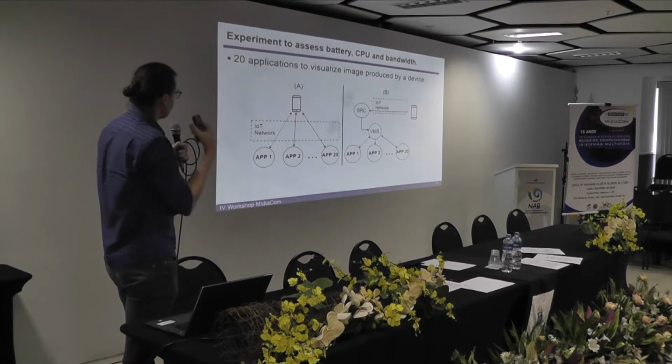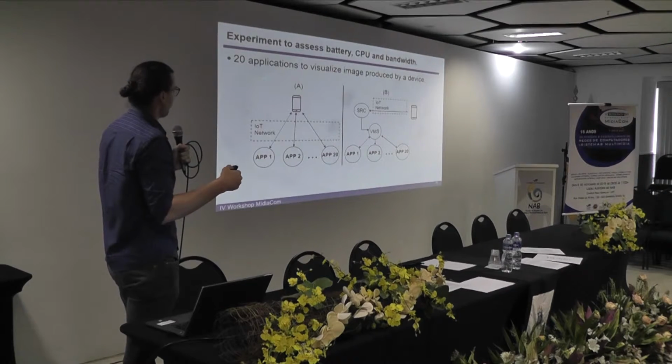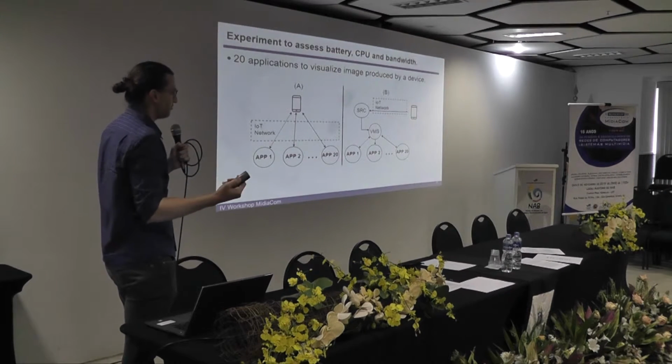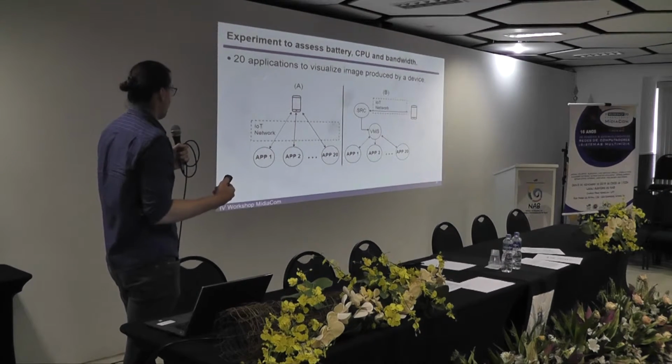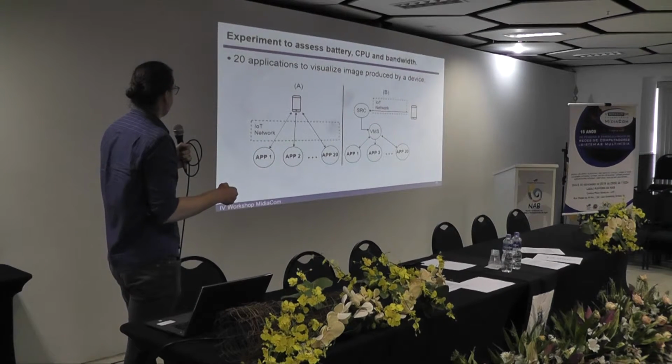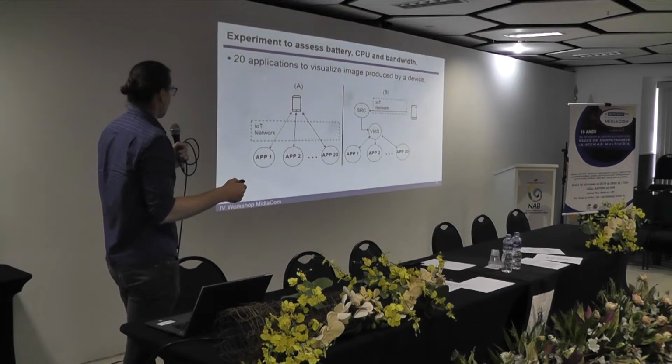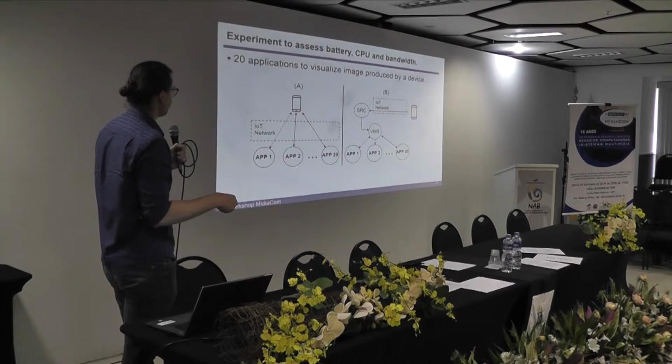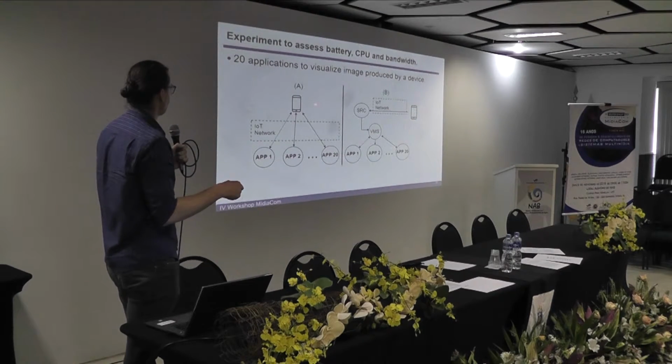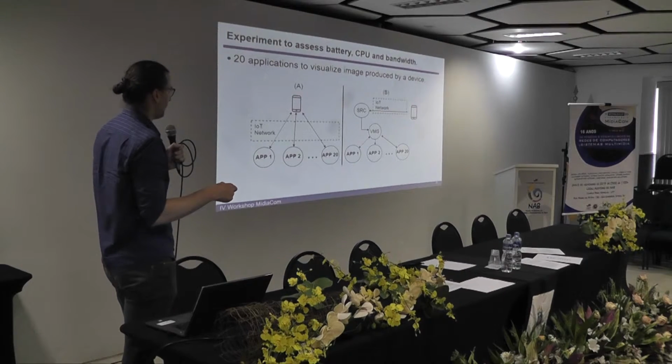And to test the idea about reducing battery, CPU and energy consumption, we developed 2 different experiments. In the first one, we have 20 apps that ask a single device for video.